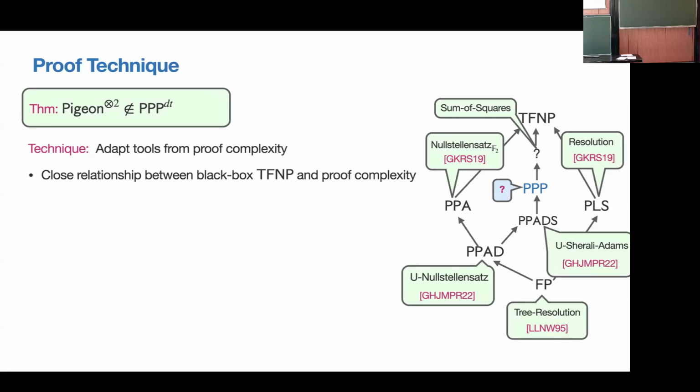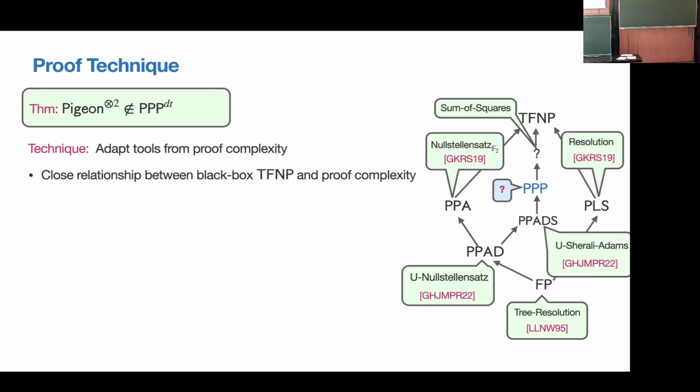And you can see right in the middle, here's PPP. And as Robert mentioned, we don't have a natural proof system that corresponds to PPP. We can construct one by this result with Sam and Russell, but it's very artificial.